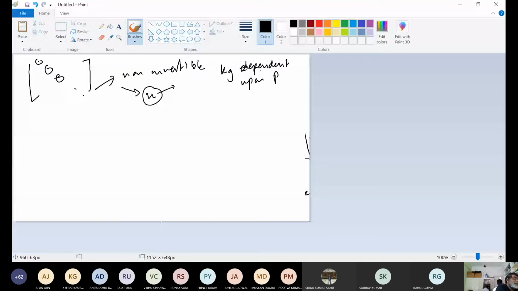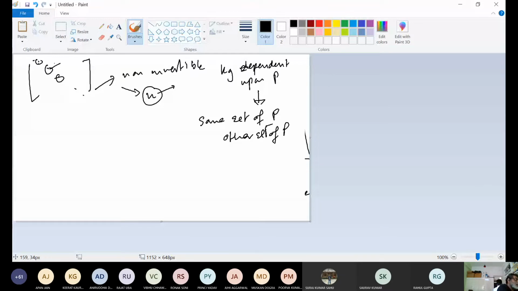Now, when it is dependent upon axial force P, for this term to become 0, there will be some set of P force which will turn this 0. Are we okay? Now there will be some other set of P forces which will turn this 0. Are we okay with this?